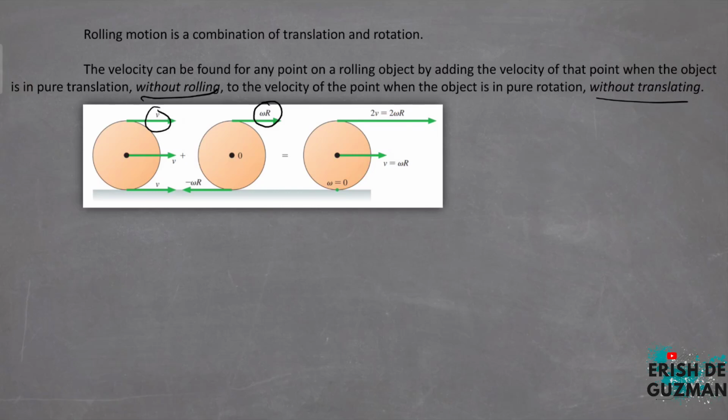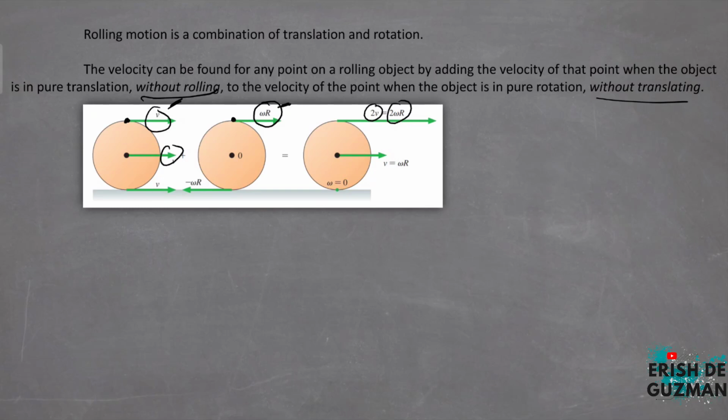And the speed of a point at the top, yung top point ang pinag-uusapan natin, which has a velocity again ito, and ito, this is based sa translational motion, and ito naman sa rotational motion. The speed of a point at the top of a wheel is then, pag-aadd natin sila, magiging 2 times v, or simply 2 times angular velocity times the radius, or twice the speed of its center.